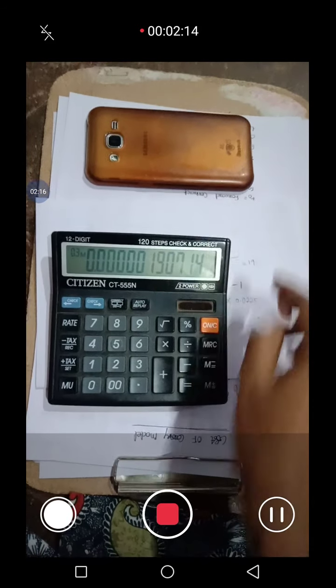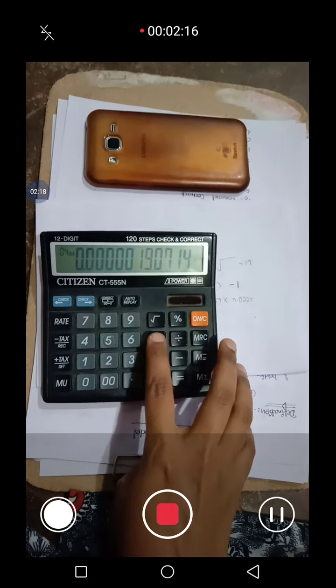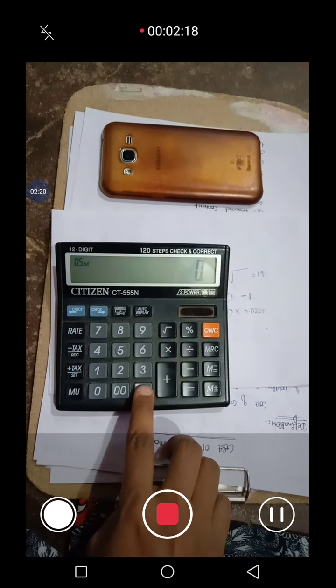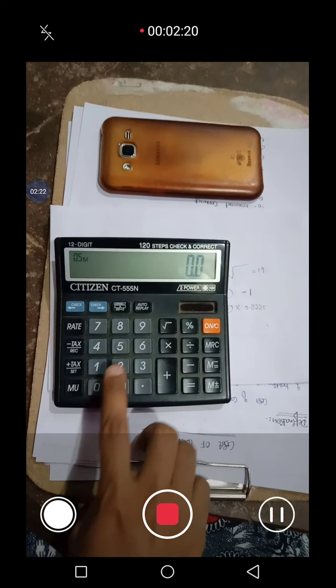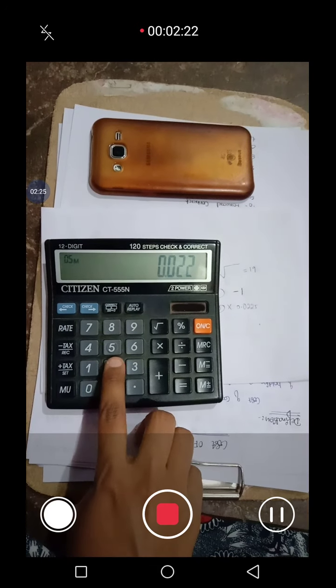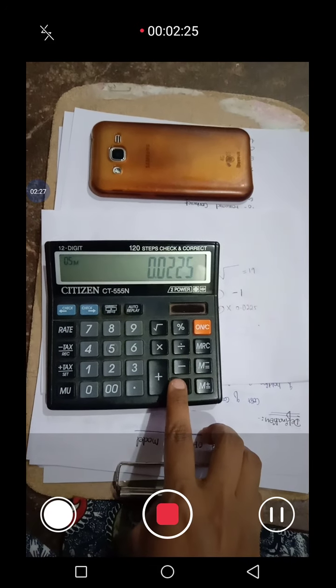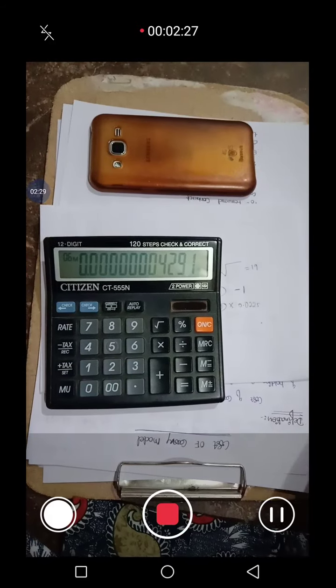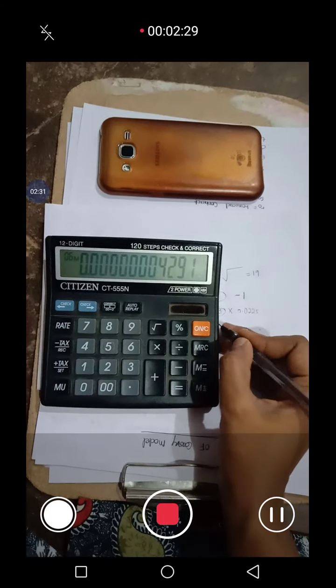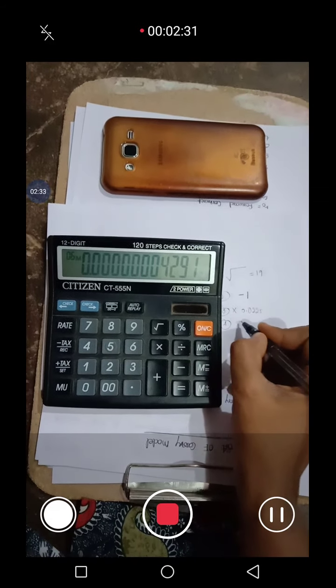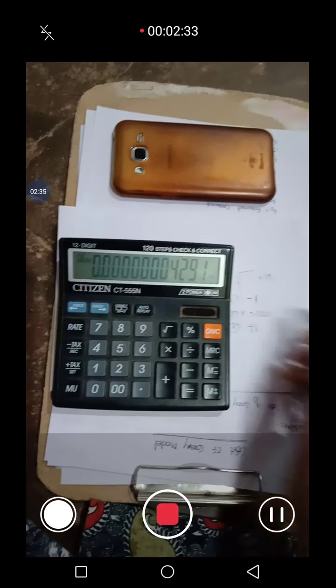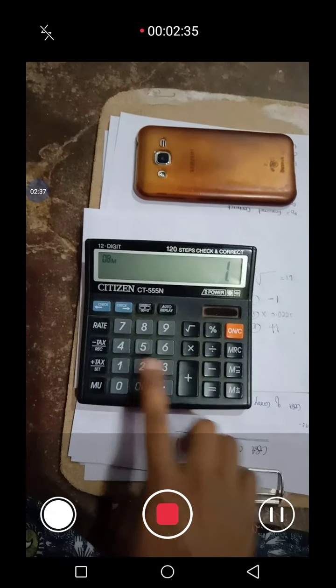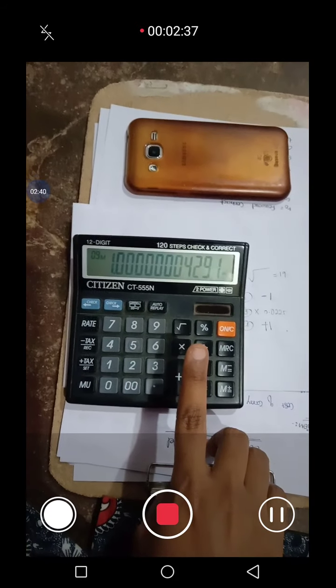So we multiply by 0.0225, and this value we will get. After that, the fourth step is we have to add 1. So add 1, and this is the figure we will get.